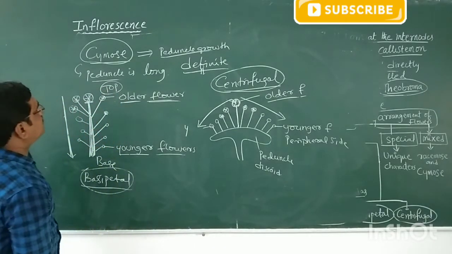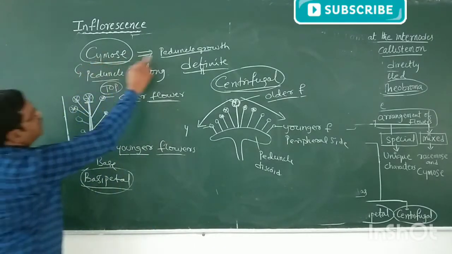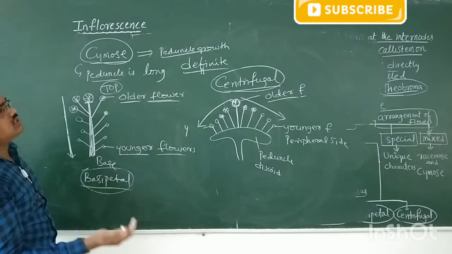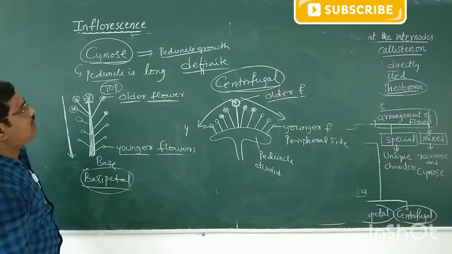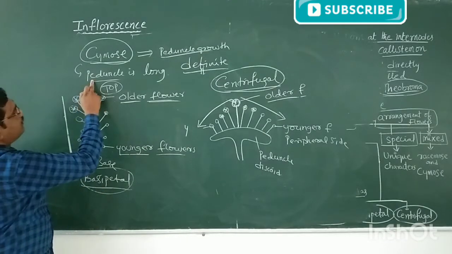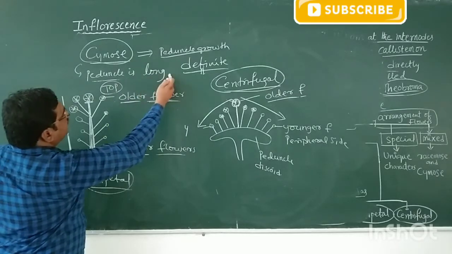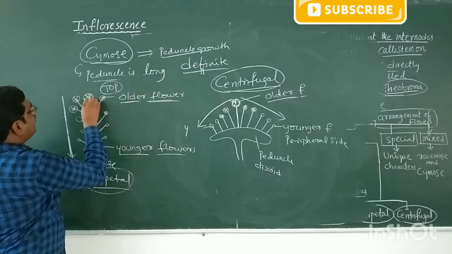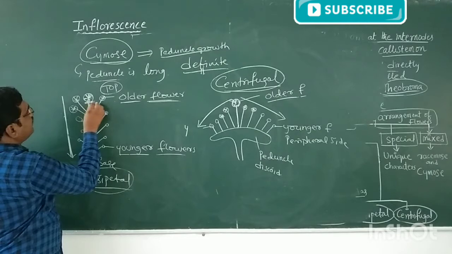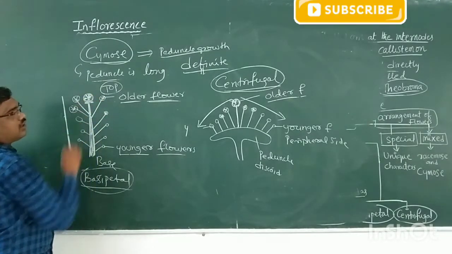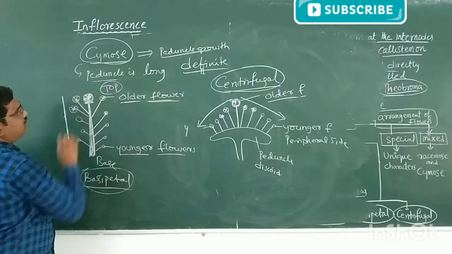In cymose, the peduncle growth is definite. In racemose, peduncle growth is indefinite. Here the peduncle is long, and it ends with a flower. Then peduncle growth is stopped because the peduncle terminates with a flower.